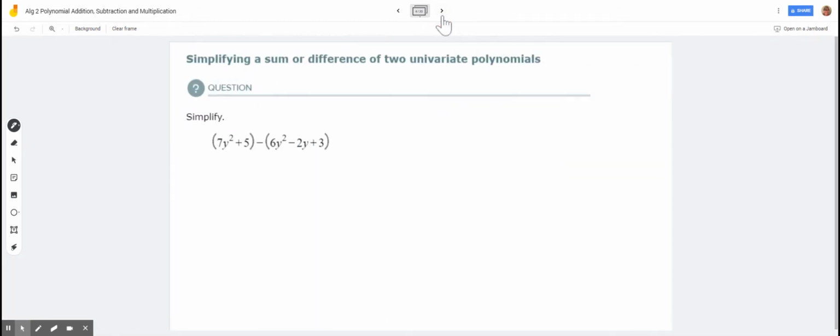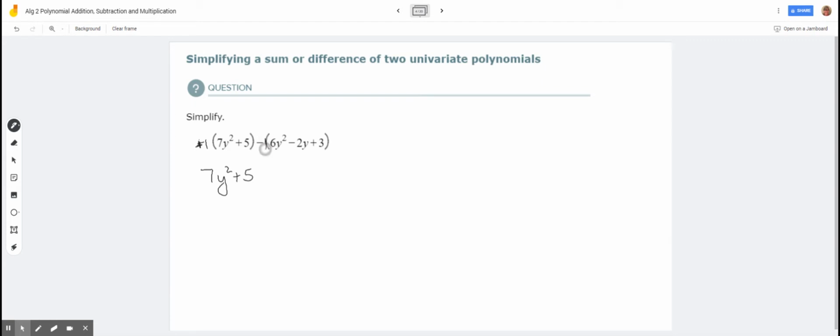Now, what happens if it's a minus sign here? If it's a minus sign, then we've got to be really careful. We can take off the first parentheses because there's basically a positive 1 in front of it.